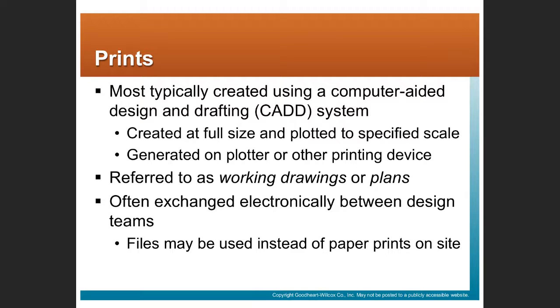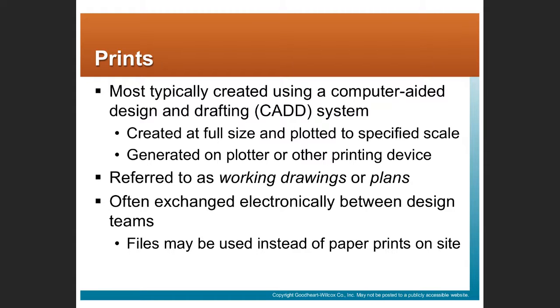So in that case, the architect or the drafter or the CAD technician is using a piece of software to draw. And then those drawings can either be printed out or, now probably more likely, exchanged electronically.